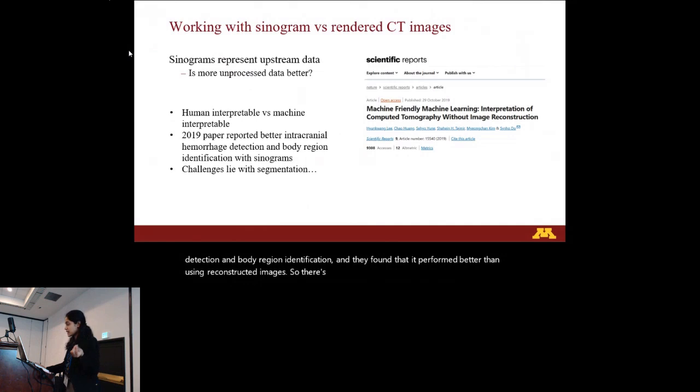So there's probably some kind of utility to that. But in my opinion, we are very far out from relying completely on upstream unprocessed data for tasks like medical image segmentation, for instance, because it's so closely tied to human interpretation and radiologist interpretation.